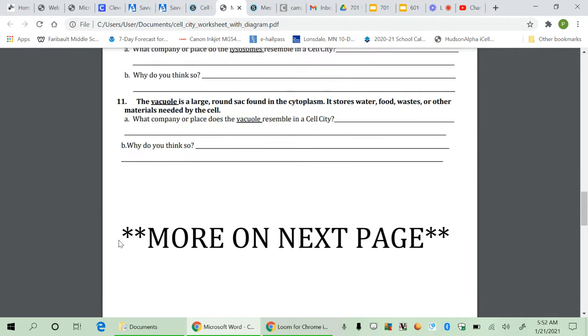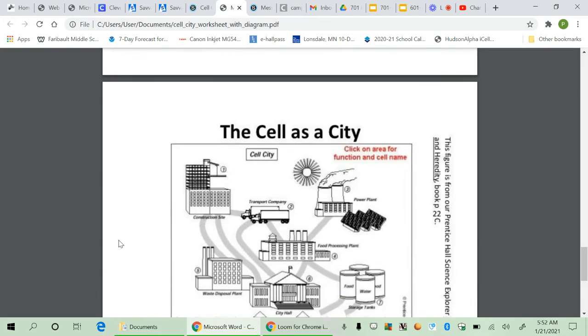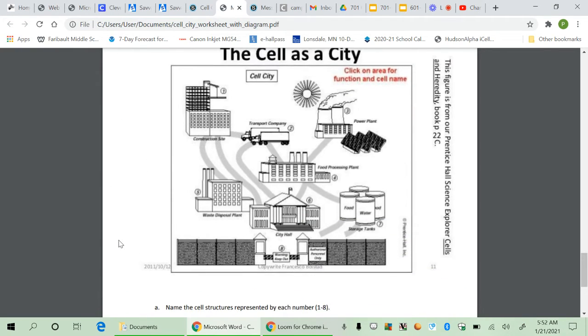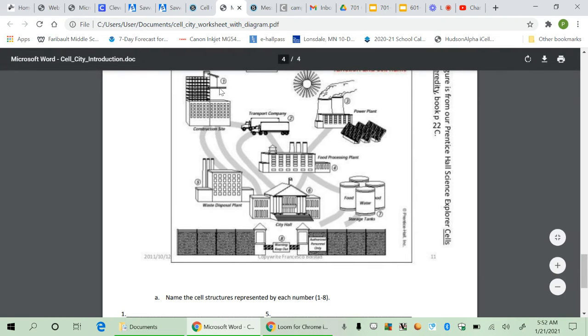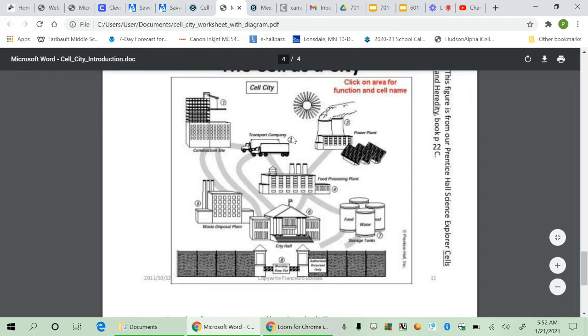And then on the last page, there is a drawing of a city, and the different parts are numbered here. So number 1 is the construction site, 2 is a transport company, 3 is the power plant, and so on.